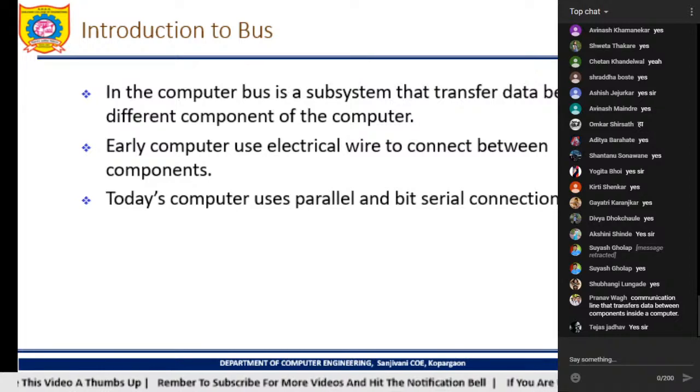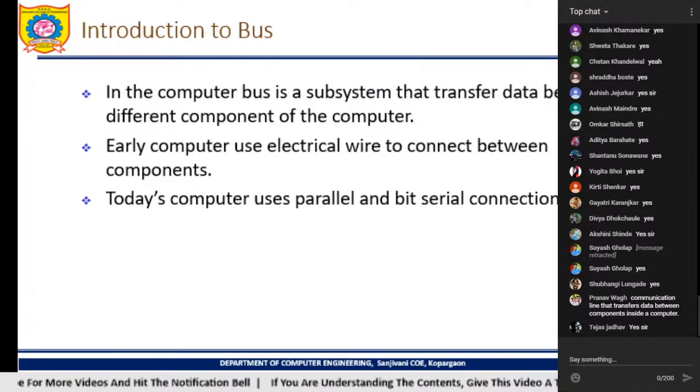Nowadays you have wireless things. Today's computers use parallel and serial bit communications or connections. That helps for long distance communications, and a huge amount of data can be transferred using parallel bus systems.